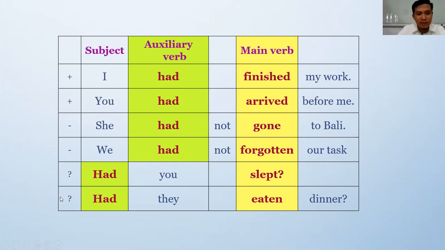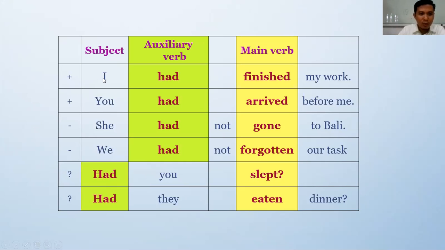Okay. What about the interrogative or the question? Then you have to bring the auxiliary verb to the front here. Had, and then followed by you as the subject. And then still verb 3.